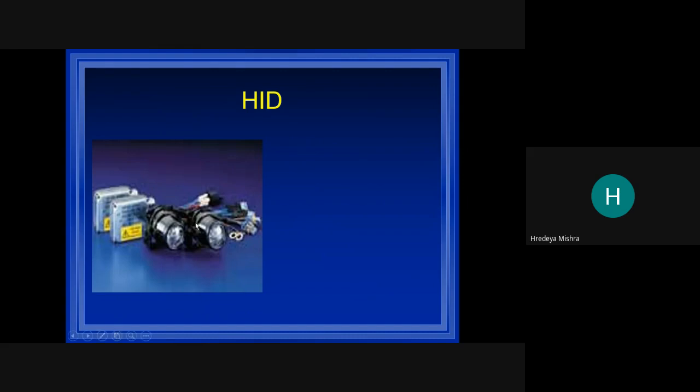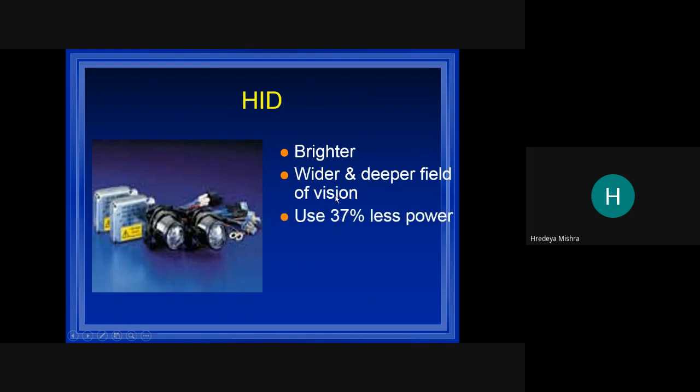See, these are the HID bulbs used in the automobile sector. Brighter, wide and deeper field of vision. Use 37% less power.